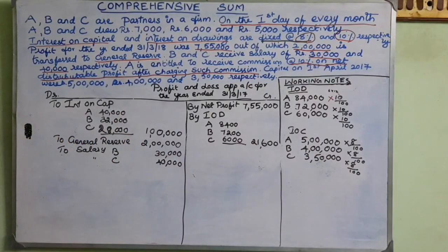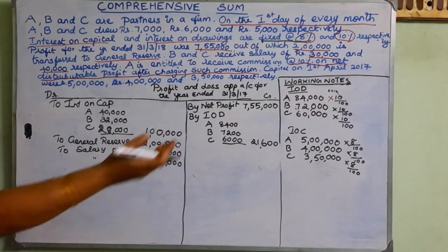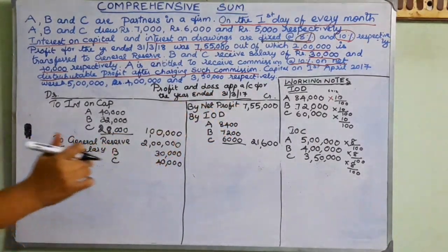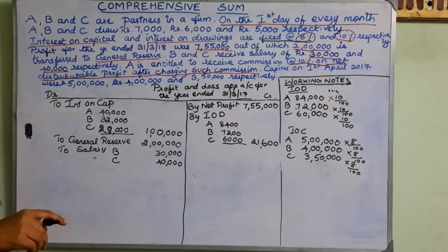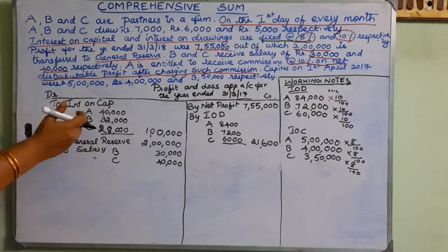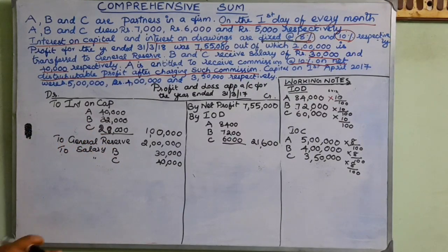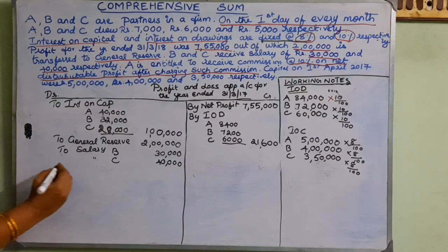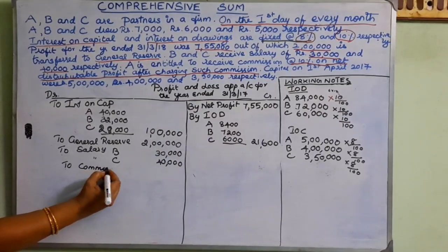If he says on the net profit, you can calculate directly from 7,55,000. That's not an issue. But distributable profit is what you get after all the expenses are debited. So this has to be subtracted and we have to find the distributable profit.